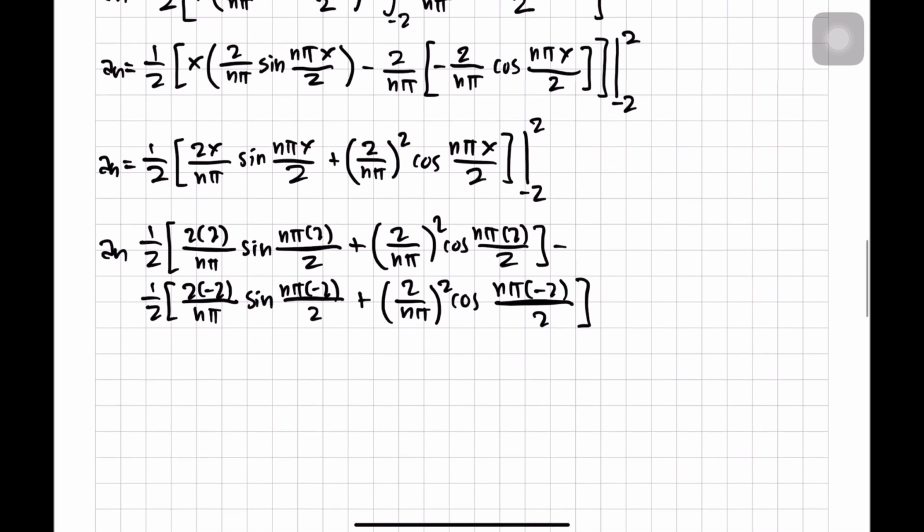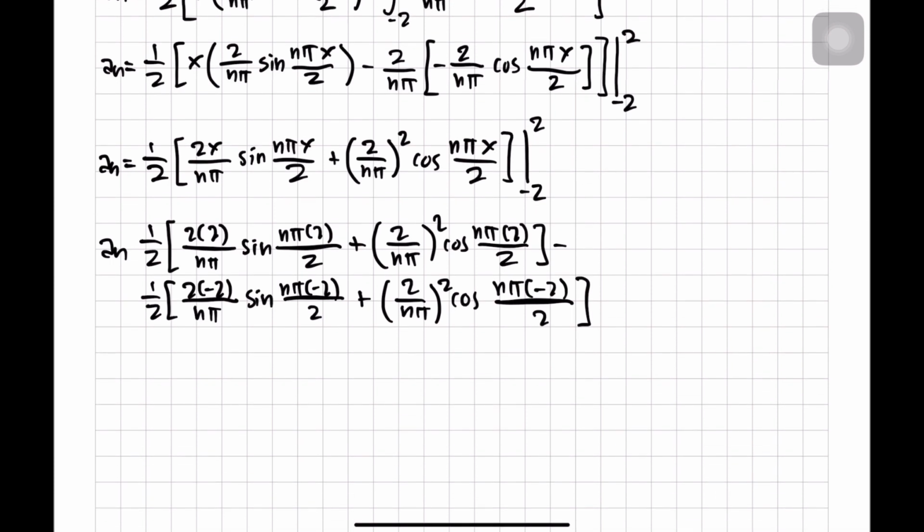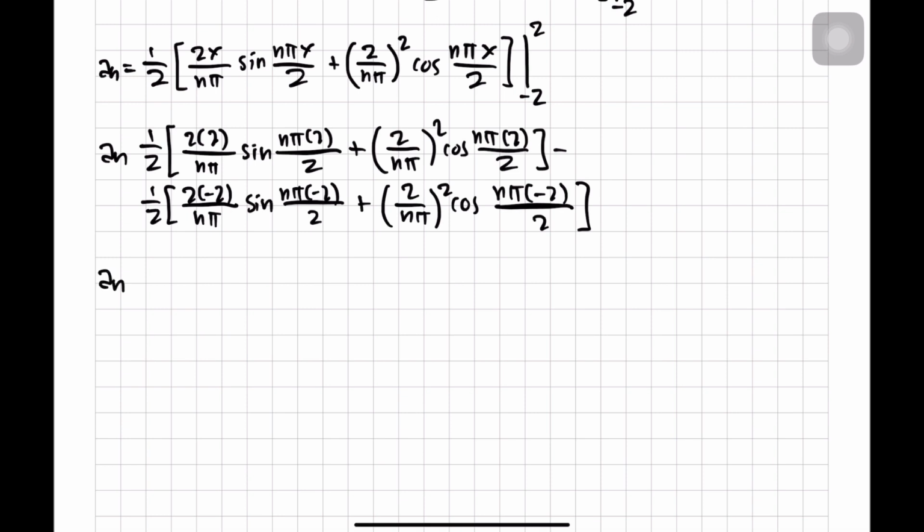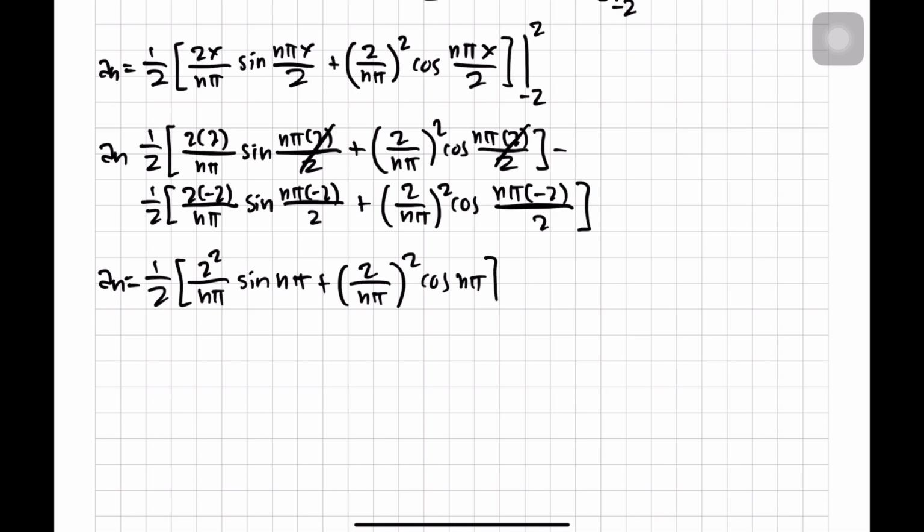You guys should have a foundation in integration and derivatives at this point, because I'm not going to explain how to use derivatives. So far we have this, and we just need to simplify. So 1/2, that's 2 times 2, so I'm just going to make it 2 squared, which is basically 4 over n pi sine, and you can cancel the 2, so we have just n pi, plus 2 over n pi squared cosine, cancel the 2, we have n pi here, and that's it.